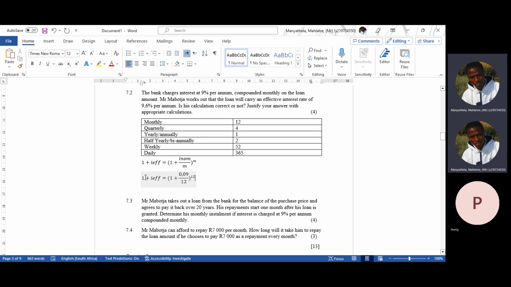On the second step, we're going to transpose the 1 to the right hand side.